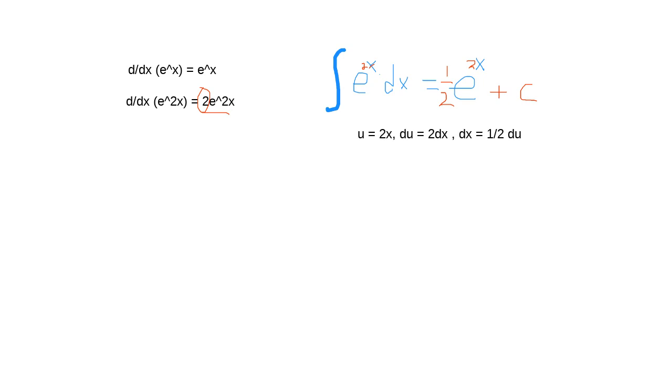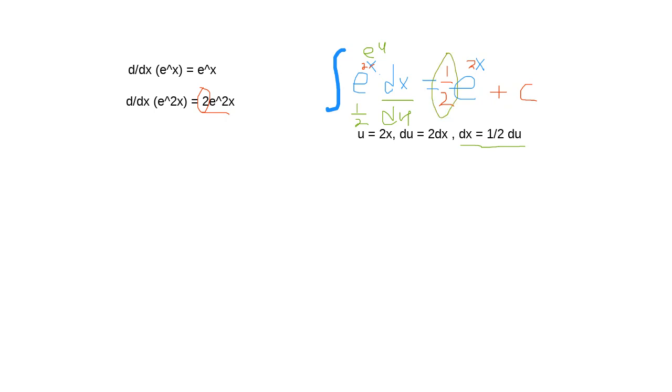Then when we substitute, dx with half of du, and e to the 2x would be e to the u. You see where this half comes from?